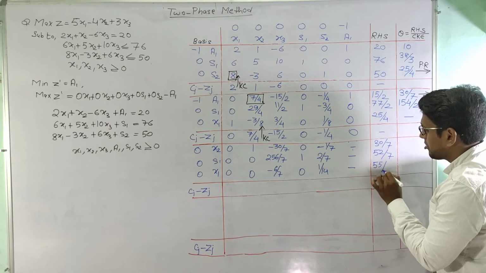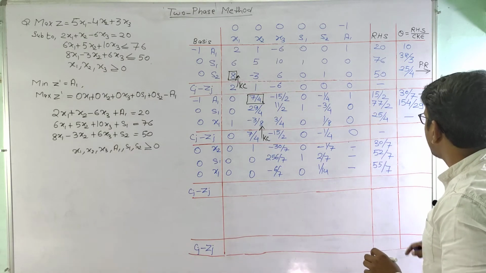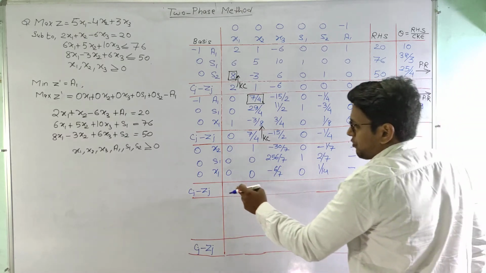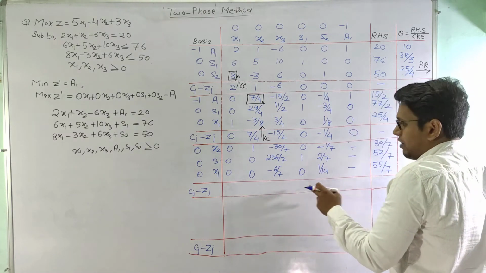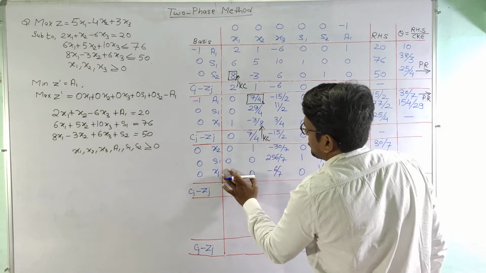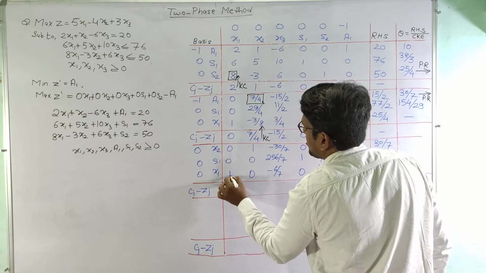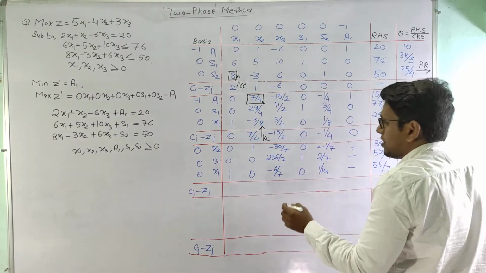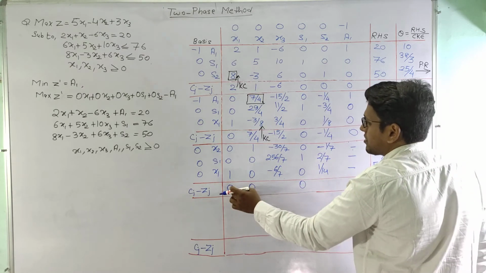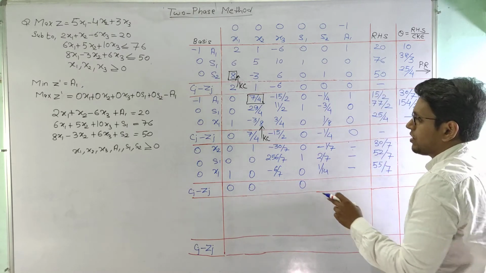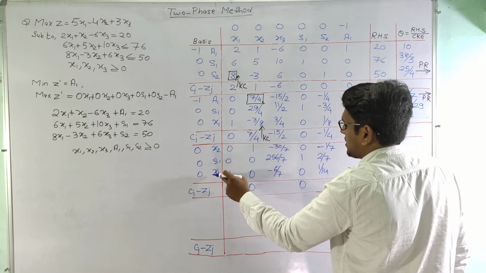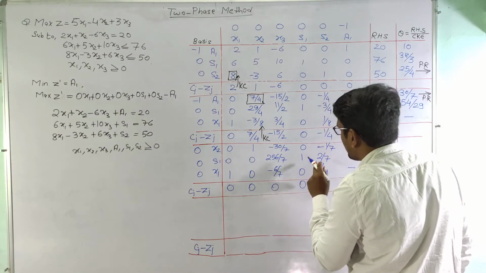Now once we have calculated the values, we need to check for optimality by calculating the values of Cj minus Zj. So again there is some mistake, this will be positive. Okay, so for all the basic variables, the Cj minus Zj value is 0, and here we can see that the values for x2, x1 and s2 come as 0.